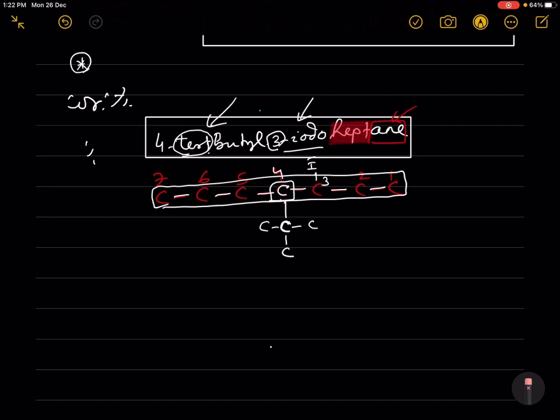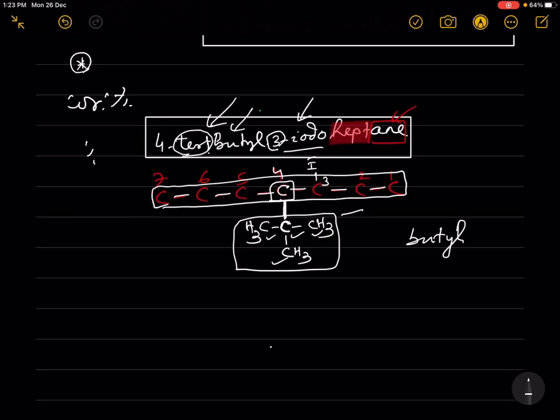Then each carbon is attached with 3 hydrogen atoms. This is tert-butyl. Why? Because in this group there are 1, 2, 3, 4 carbons. 4 means but. As it is an alkyl group, because one H is not over here, so this is a butyl. This is an alkyl group, and this is tert because it has a tertiary carbon. So this is tert-butyl.